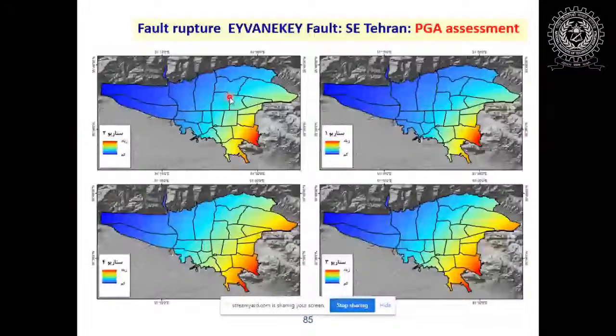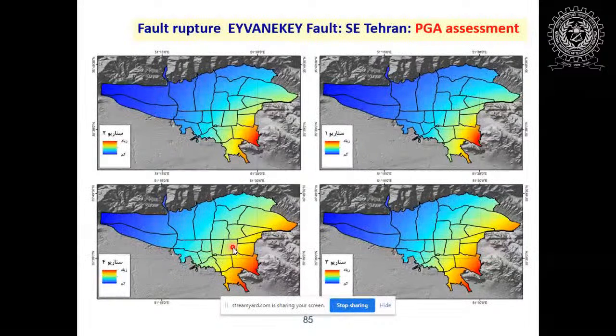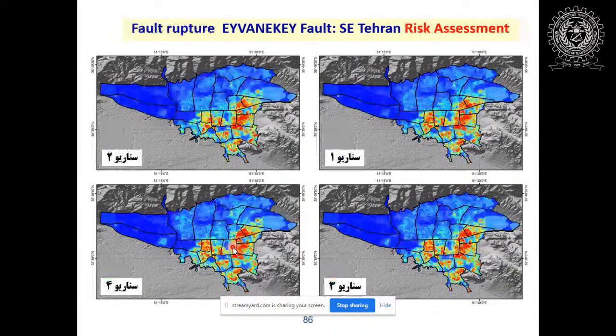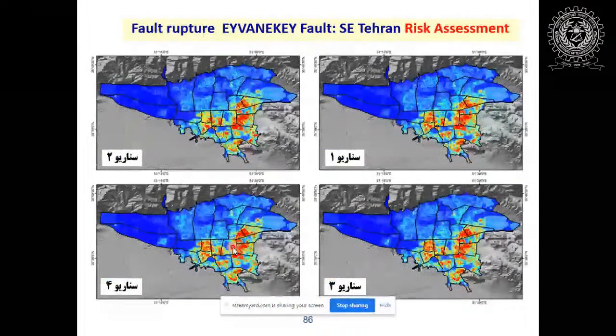PGA assessment for magnitude 5, 6, 7, scenario 4, and 7.7. Scenario 3 is magnitude 7, and scenario 4 is magnitude 7.7. With this deterministic assessment, these are the risk levels based on these 4 scenarios.